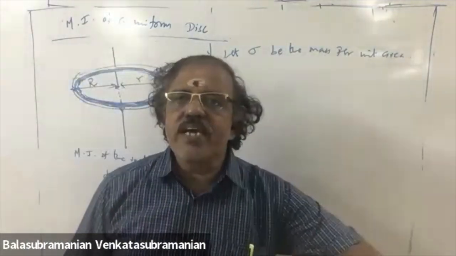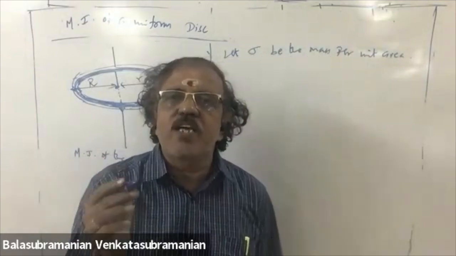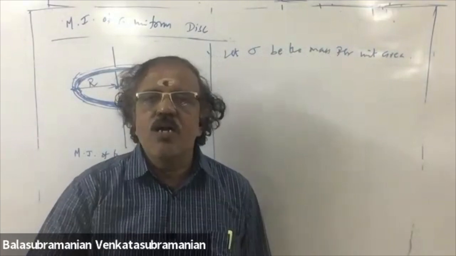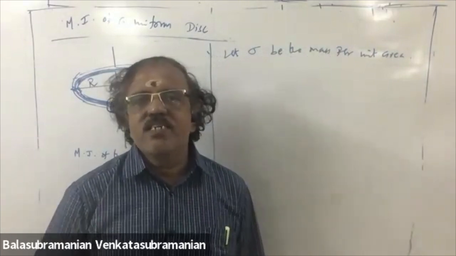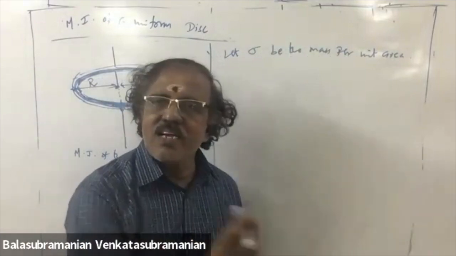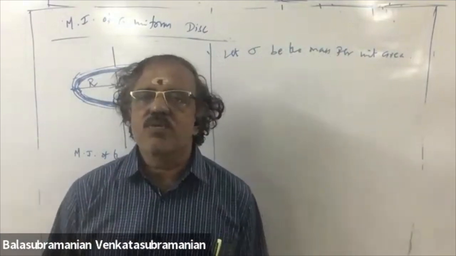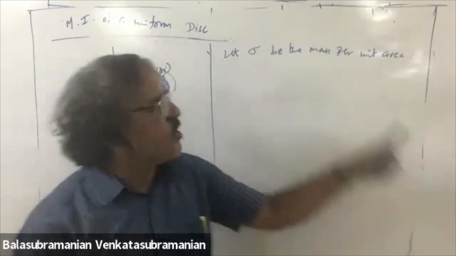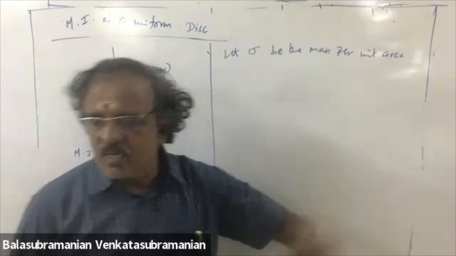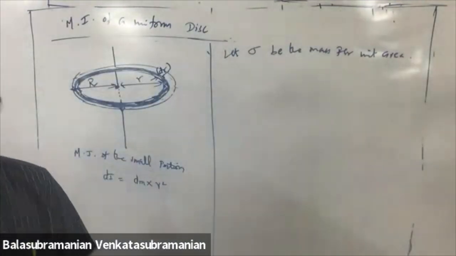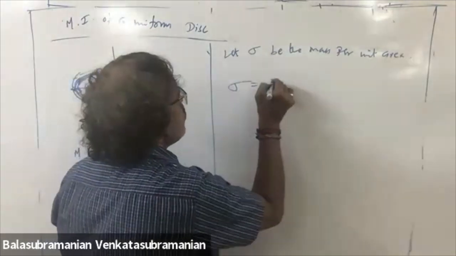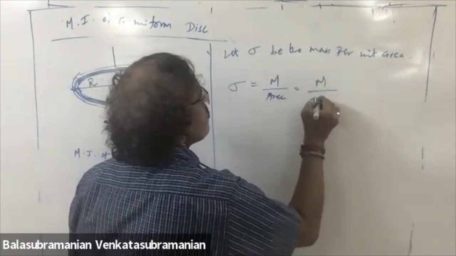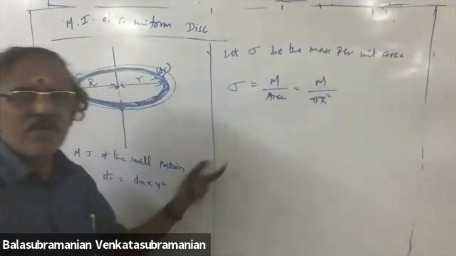In previous two cases, we have taken lambda as the mass per unit length. Wire or rod, ring, we have not taken thickness into account. But in the case of a disc, thickness should be considered. So it should be mass per unit area. Sigma is equal to m by area. Circular area only, so pi r square.